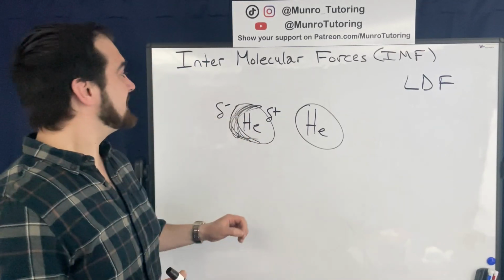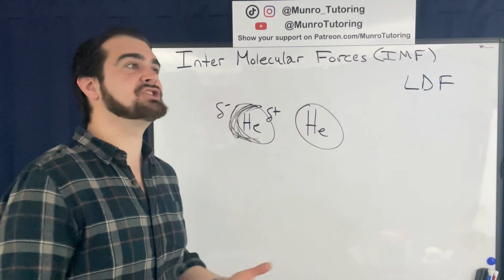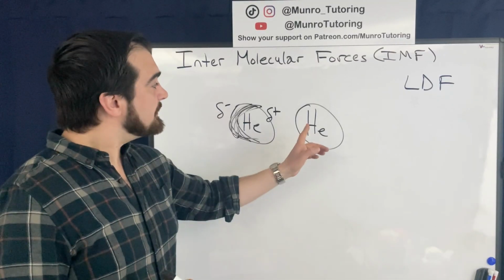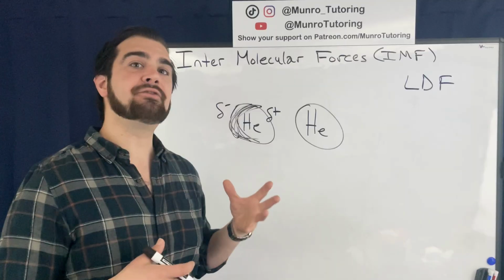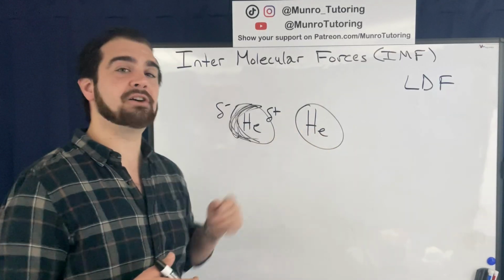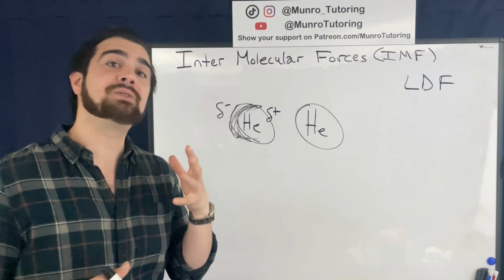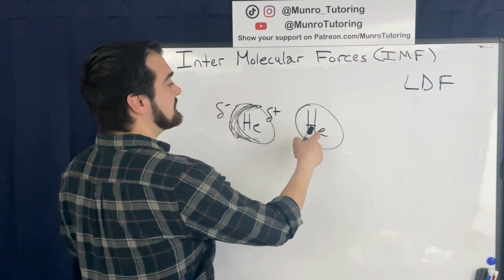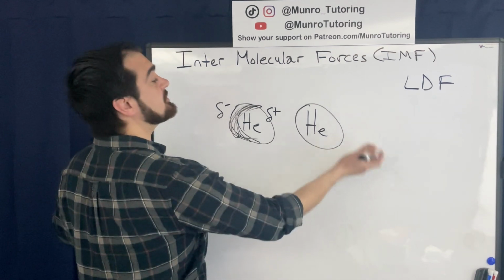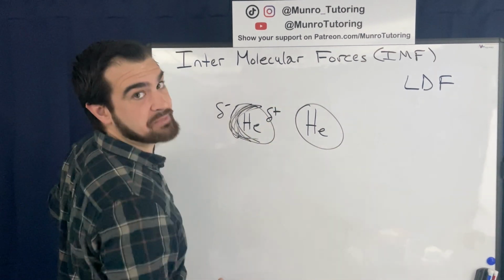But the point is, if we have this instantaneous charge separation, well, for that one brief moment, the electrons of this other atom are going to feel an attraction to this partial positive. And so what's going to happen is the electrons here are going to become attracted, and they're going to crowd towards the side that the partial positive is on, right?